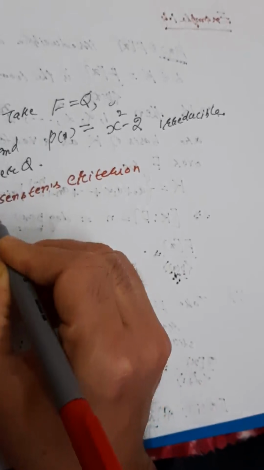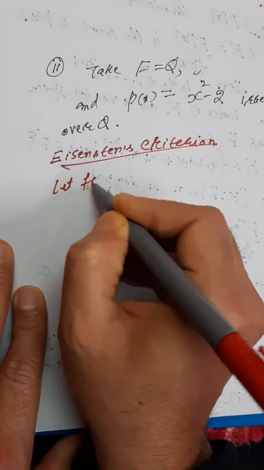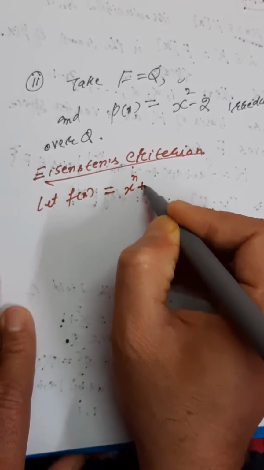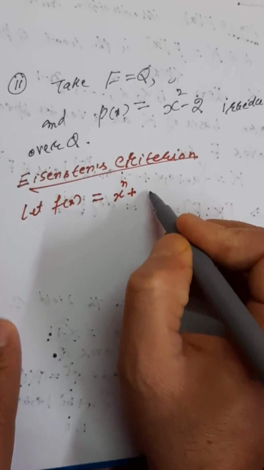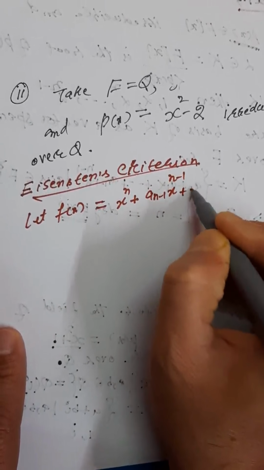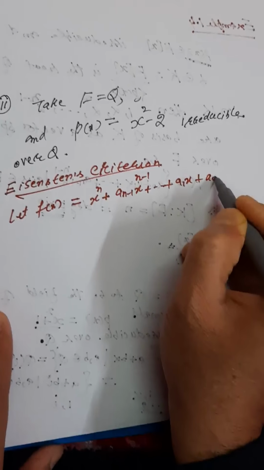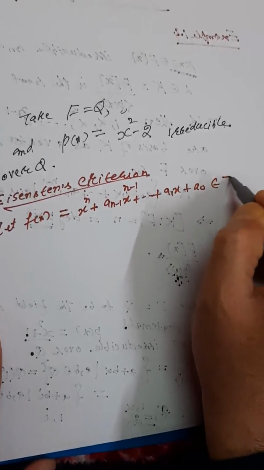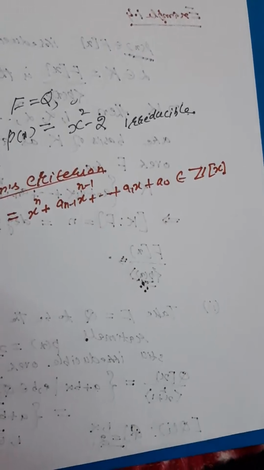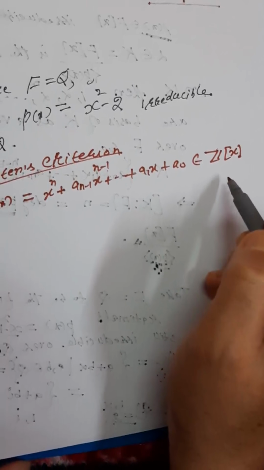So what is Eisenstein's criterion? It states that suppose you have a polynomial f(x) of the form x^n plus a_(n-1) x^(n-1) plus so on plus a1 x plus a0, with coefficients in the ring of integers, so belonging to Z[x].